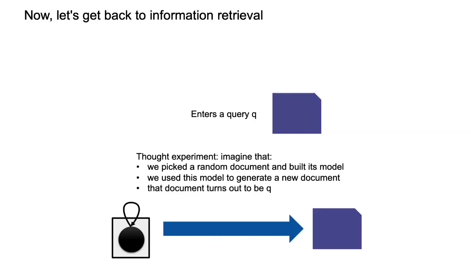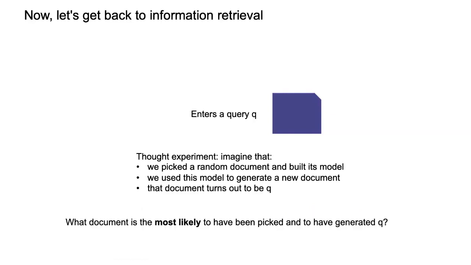By chance, they picked a document at random, picked the model, generated a new document, hitting the button, and it turns out to be Q. And the question I'm asking is, given that they by chance produced Q, which one of the documents in the initial collection was the most likely that they actually picked when they picked it at random?